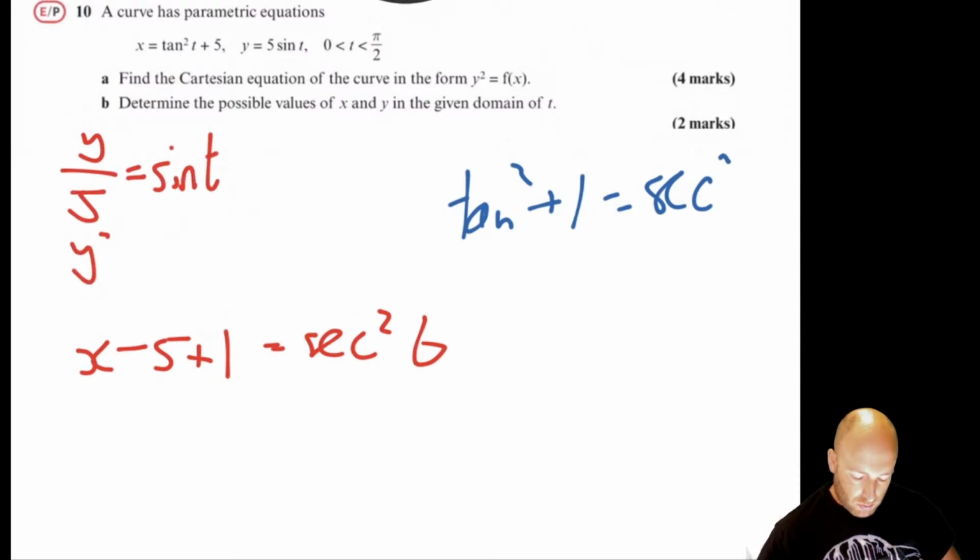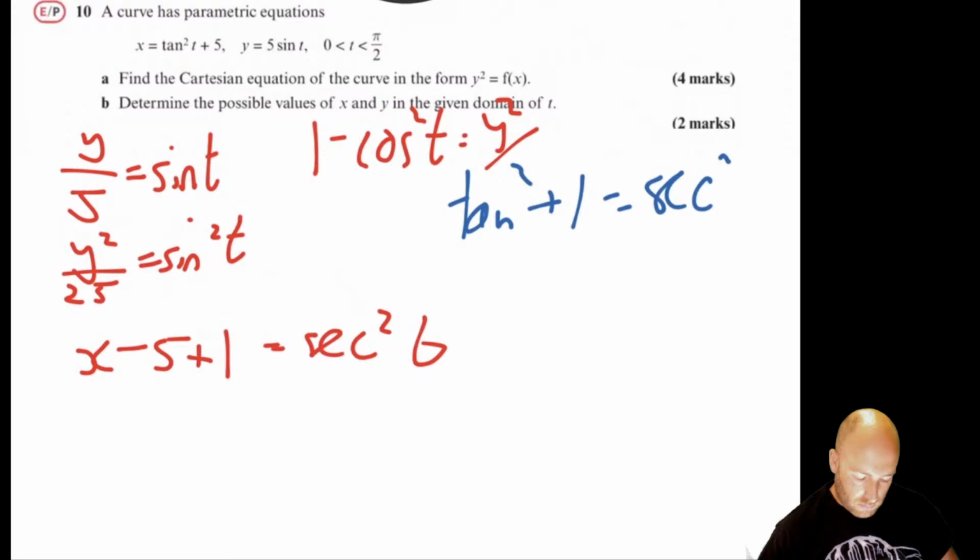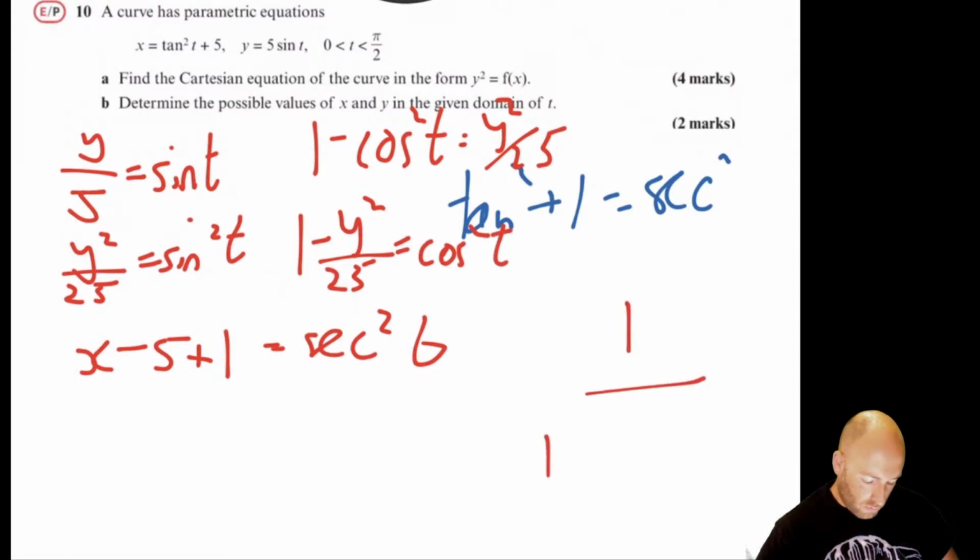Sine squared then will be y squared over 25 is sine squared t. Sine squared is 1 minus cos squared, so 1 minus cos squared is y squared over 25. So 1 minus y squared over 25 is cos squared. So sec squared is 1 over 1 minus y squared over 25.